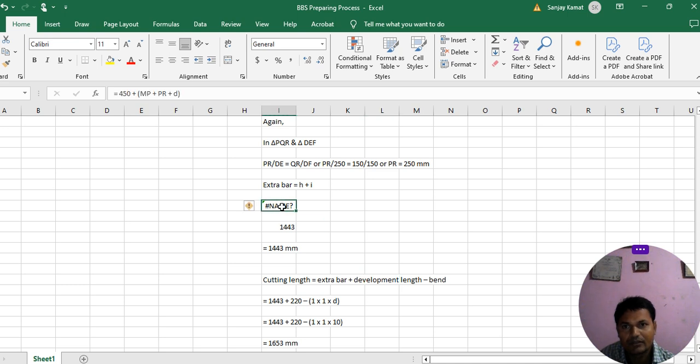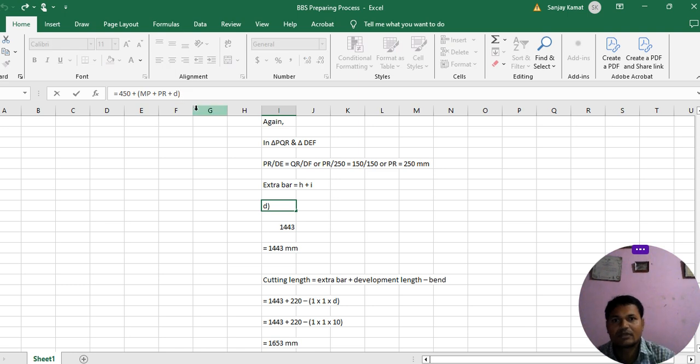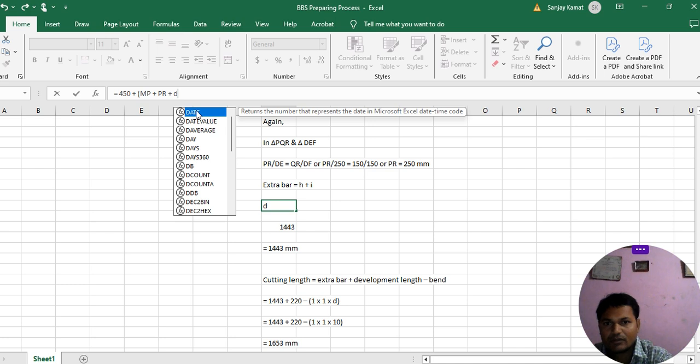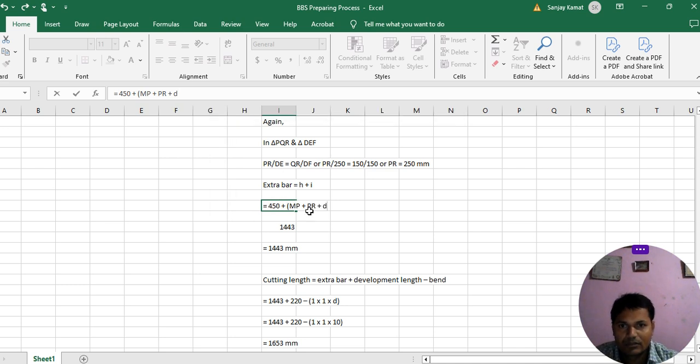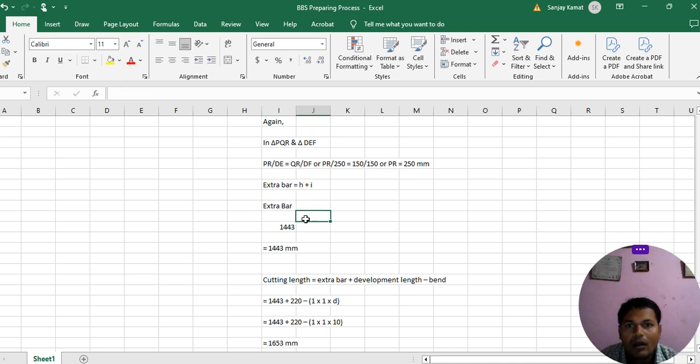You can write it right here, this is the extra bar.